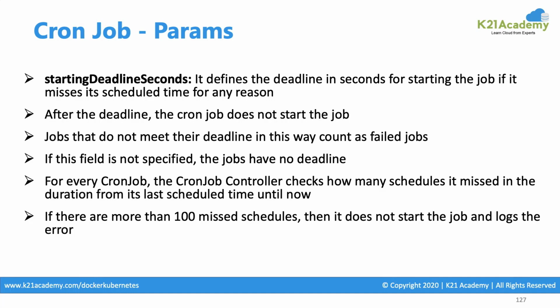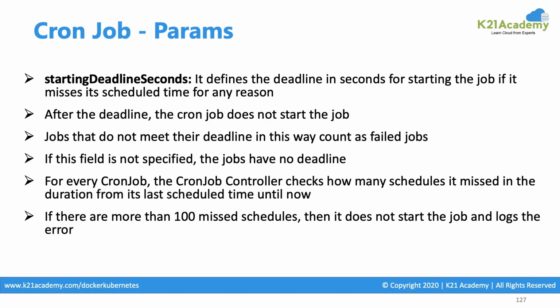In the cron job, you have the cron job controller, which is actually managing the schedule. So it is the one which is calculating the misses which are happening. It keeps checking when was the last task or job scheduled, when is the next one to be scheduled and all.